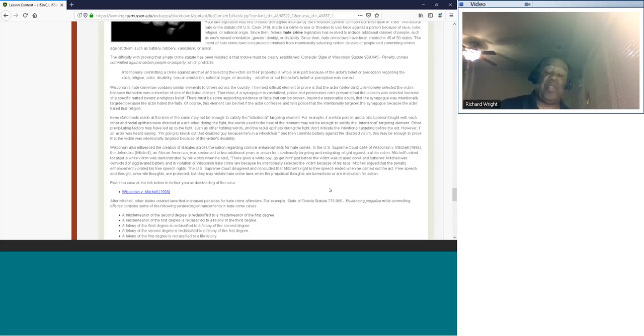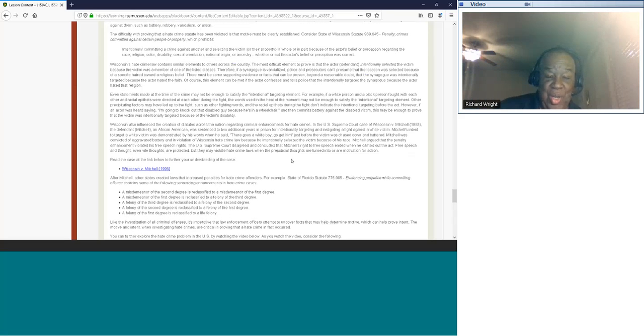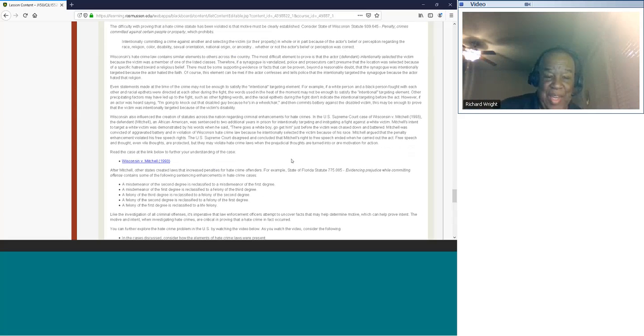And I agree with the Supreme Court there. Free speech and vile thoughts are protected, but they may violate hate crime laws when the thoughts are turned into action. So when you do something, that's the point. When you get a chance to read the Wisconsin versus Mitchell case, you'll find out.